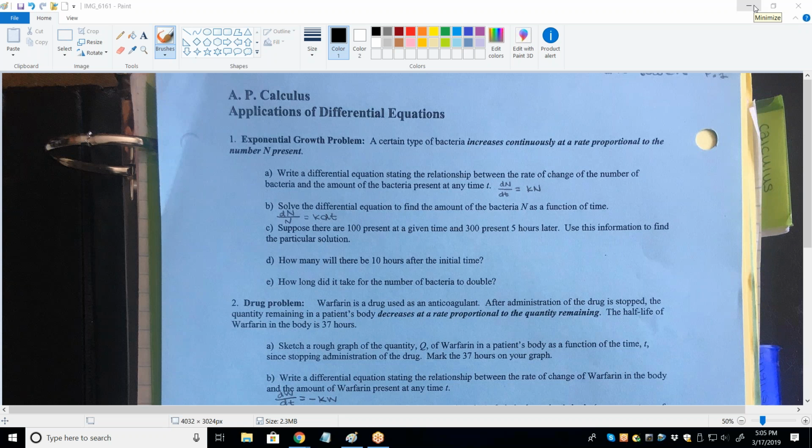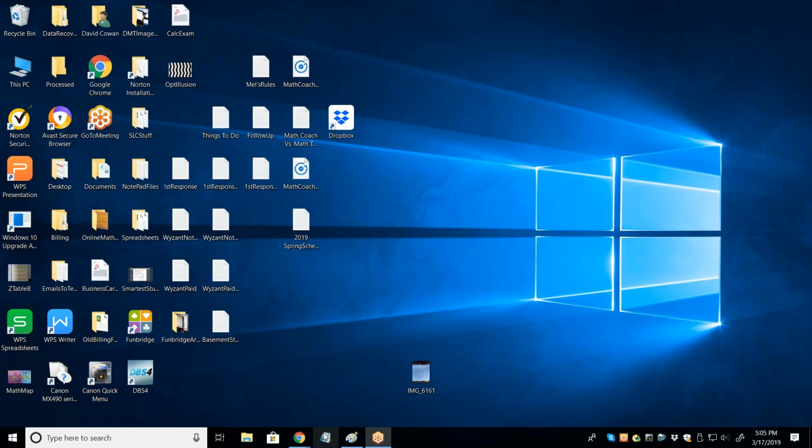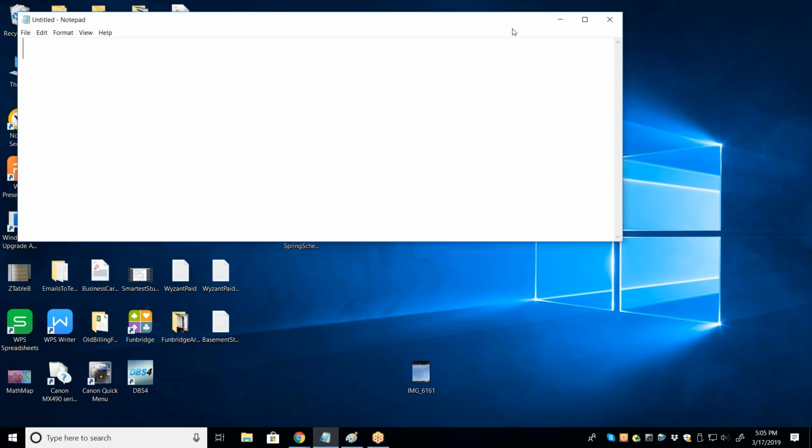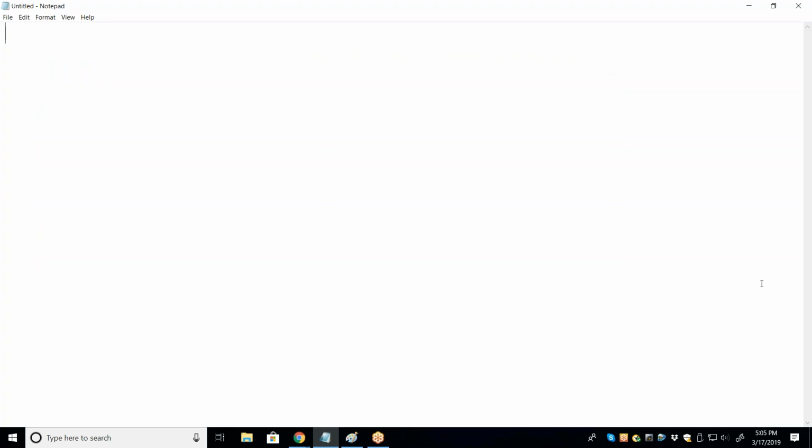I think it's significant to go over the derivation of this formula, solving this differential equation. Okay, so let me do this. I have a little bit of room to write. Now we've got, hold on.